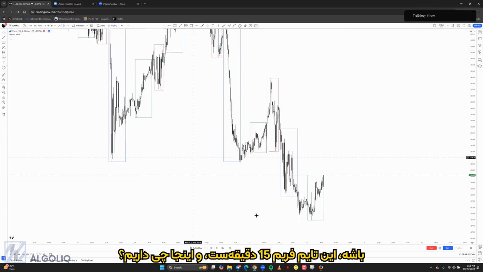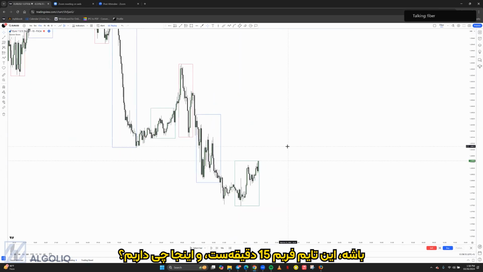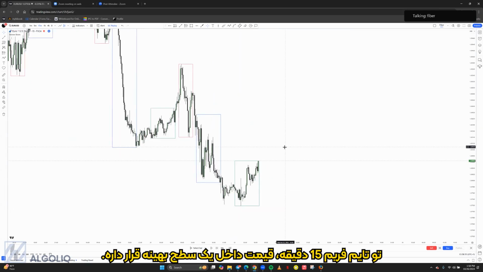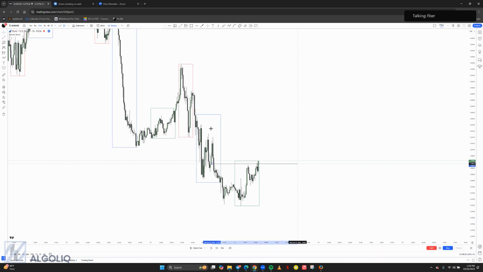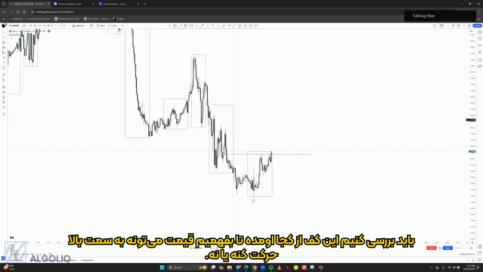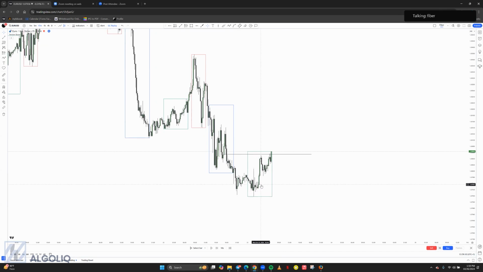Okay, so this is the 15 minutes time frame. And what do we have right here? On the 15 minutes time frame, we have price in an efficient level. Okay, we need to check where this low is coming from to understand if price can go to the upside.